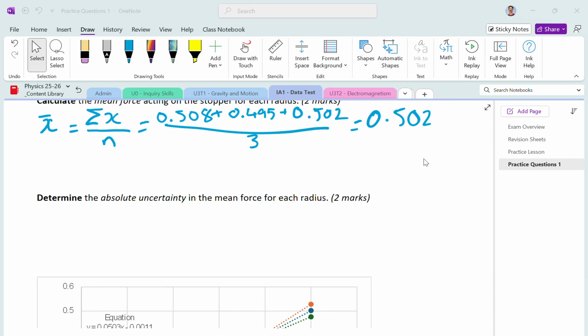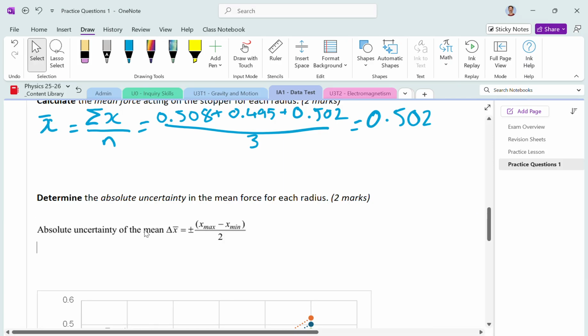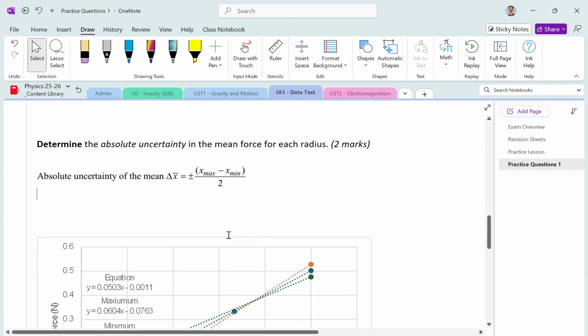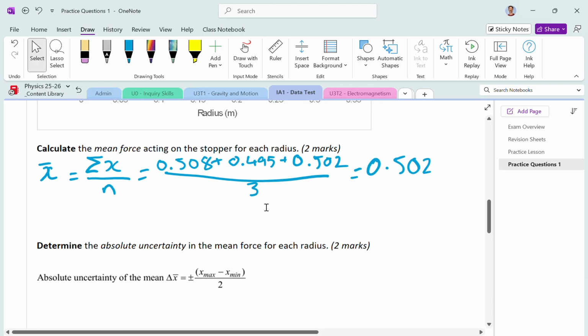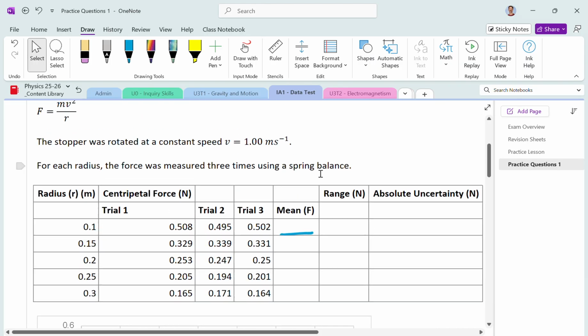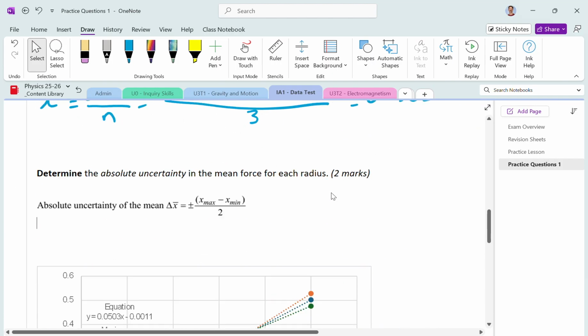One of the first formulas we have here is the absolute uncertainty. The absolute uncertainty of the mean, which is what we're trying to find here, is in your formula book and equals the max value minus the min value divided by 2. The max minus min is the range.